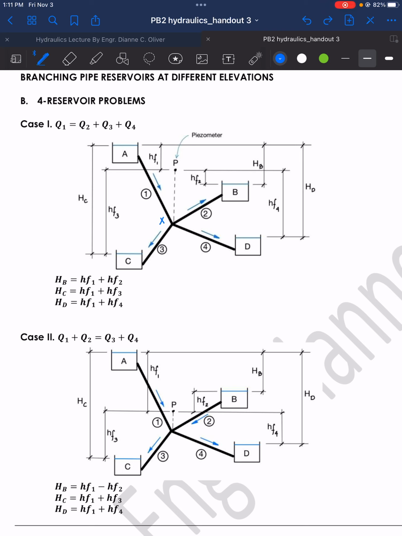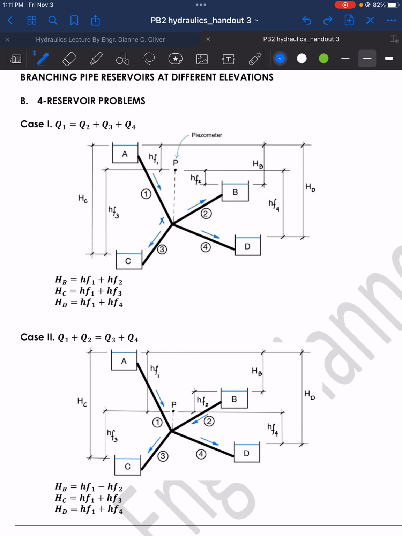Whereas we have case number 2 here, the highest reservoir A and the next highest reservoir B will have a flow from this reservoir up to the junction X. Since they will share the flow, they will merge the flow in this junction, we will find that the piezometer reading here is lower than the elevation of reservoir B. And then we will derive different equations based from these 2 cases.